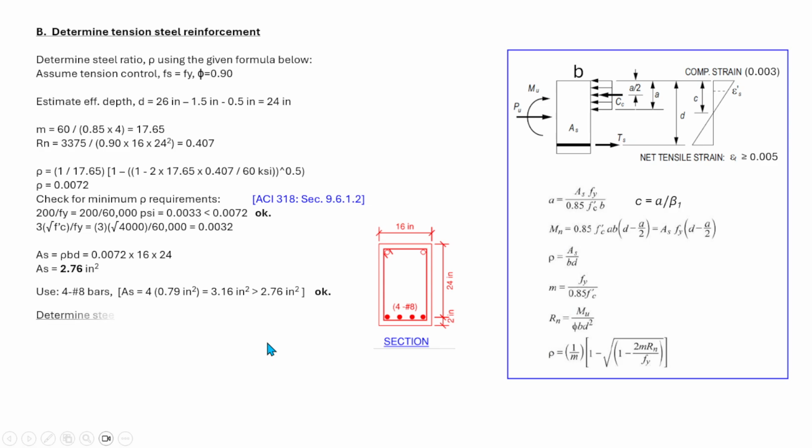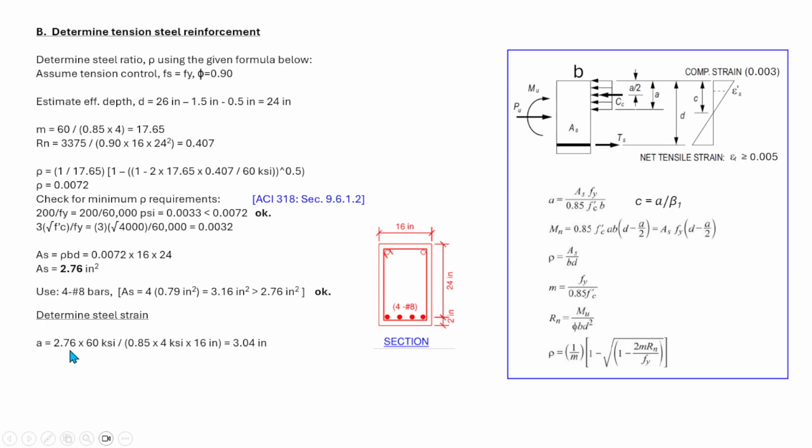So now we need to determine the steel strain to confirm whether the assumed Fy is yield or not. By determining that steel strain, we need to calculate first the value of a, and the formula is equal to As times Fy all over 0.85 f'c times b.